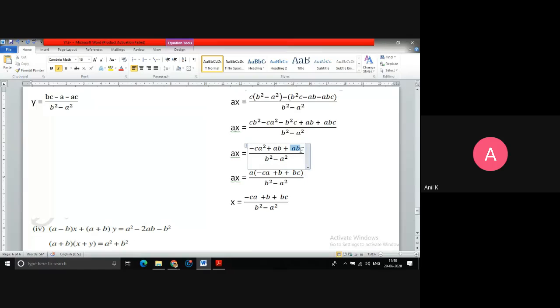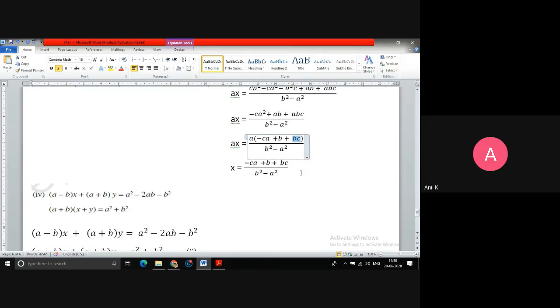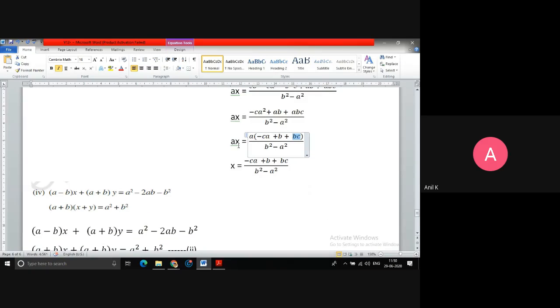Out of abc, a is taken out, so bc will be left. I think that is the meaning of taking common. Now here you have ax equals a times this bracket upon b square minus a square. You can cancel a on both sides. Therefore, x equals this bracket term, minus ca plus b plus bc, upon b square minus a square.